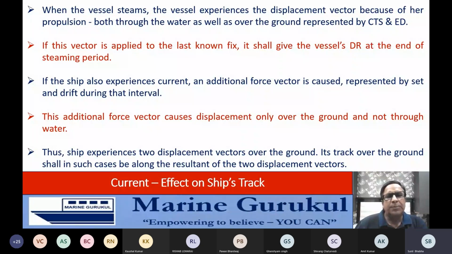Thus, the ship experiences two displacement vectors over the ground. Its track over the ground shall in such cases be along the resultant of the two vectors.